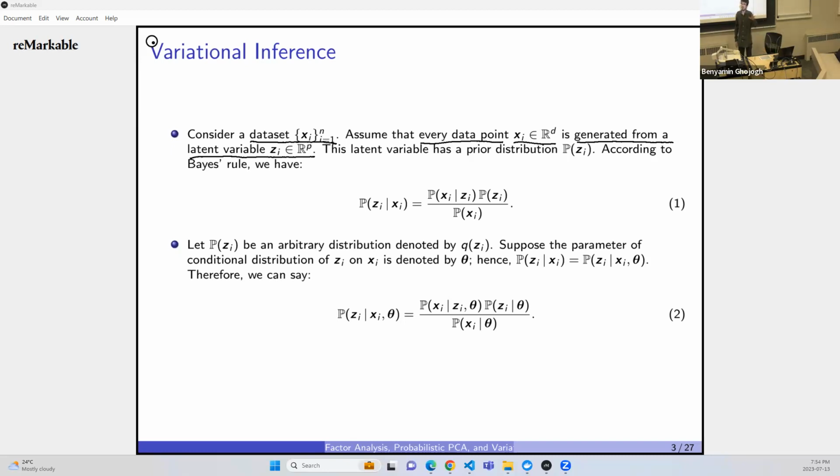Also in causal inference, and in very different aspects of probabilistic machine learning, you see this. When you have some data, some variable, it probably has been generated from another variable, let it be zi, and their dimensionality might differ. This might be p-dimensional, but this is d-dimensional.